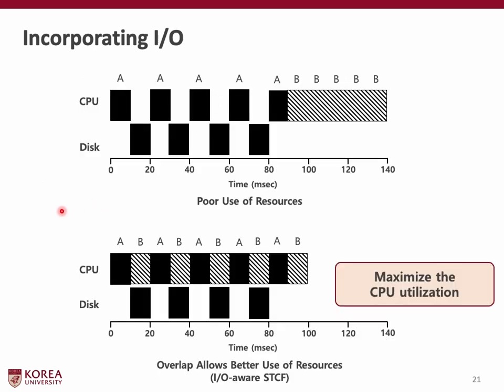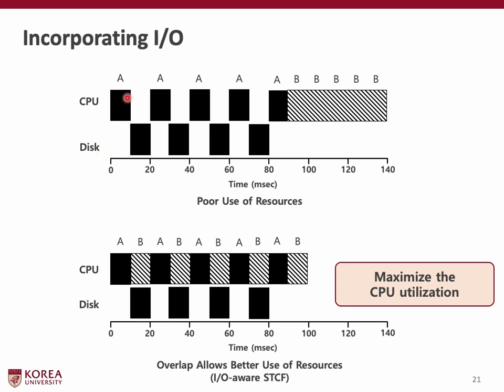Okay, then let's take a look at how the system behaves when you use the STCF scheduler. In this example, the scheduler always picks the job with the shortest remaining time. And this figure shows two different scenarios using the same jobs, A and B. First, in the top timeline, the scheduler is not I/O aware.